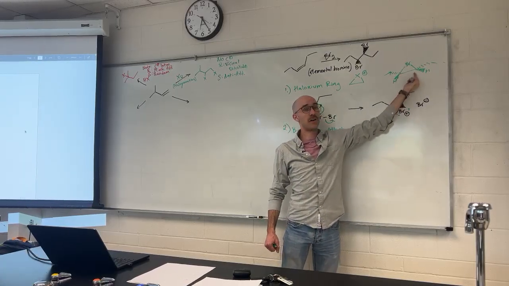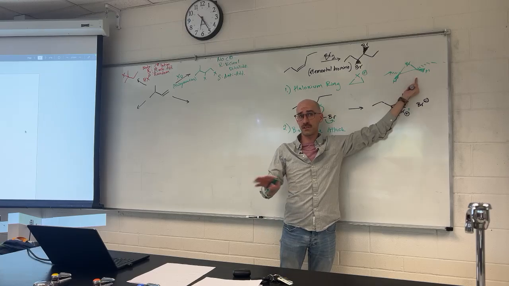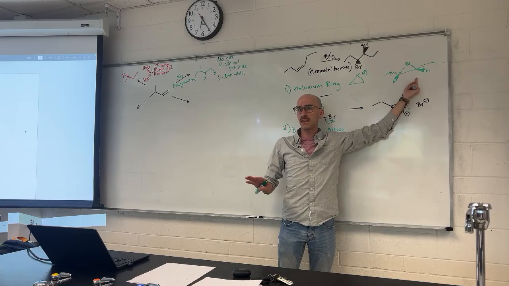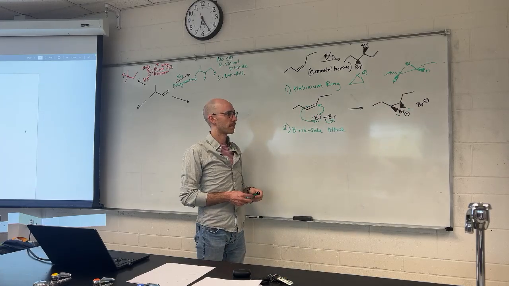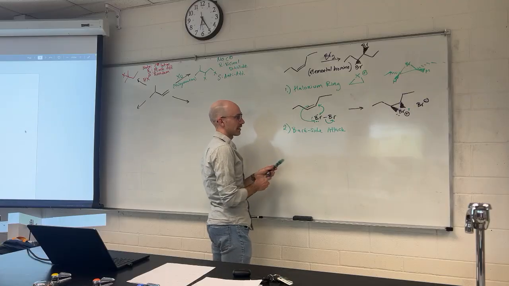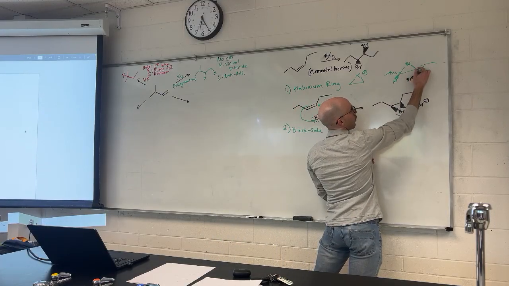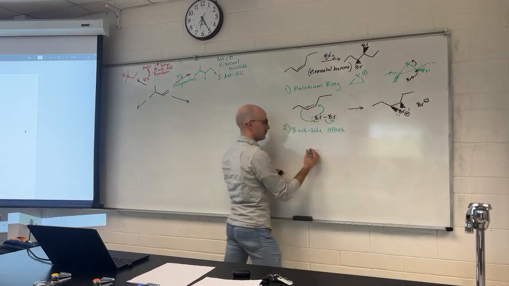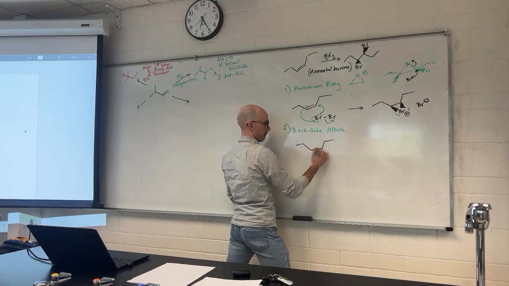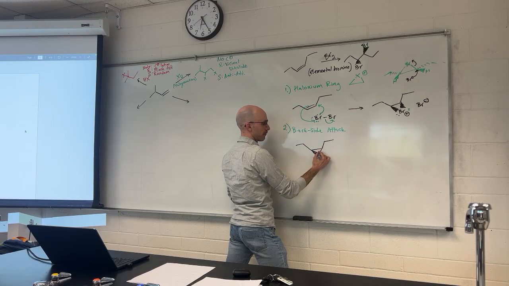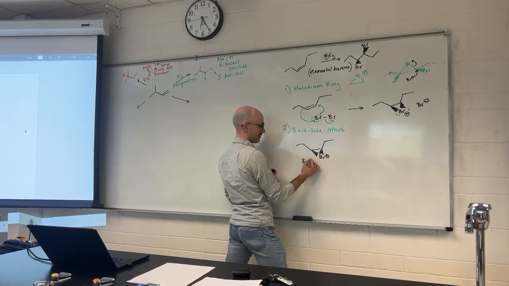It's going to come from underneath where there is less sterics, less repulsion. So we call this the backside attack because bromide comes from underneath. I'm not sure if you guys got my taxi cab analogy there.